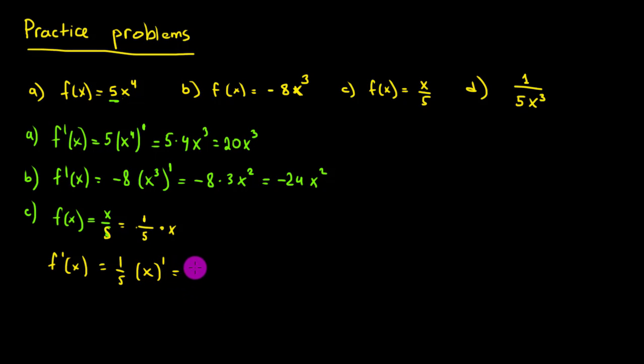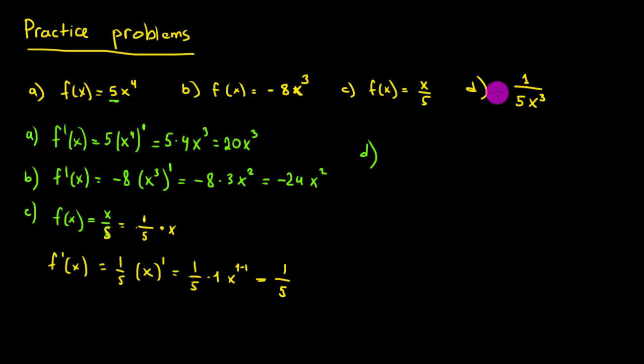That's it. So 1 over 5 times 1 times x to the power of 1 minus 1, which is x to the power of 0, that is 1. So you see the answer is 1 over 5. And now let's move to the last question, D.